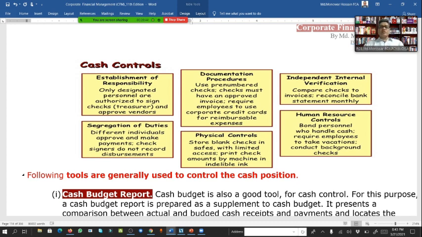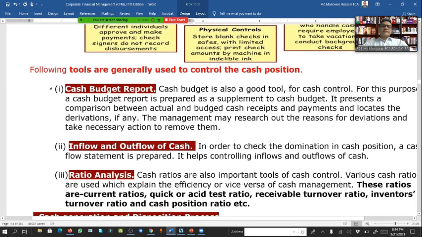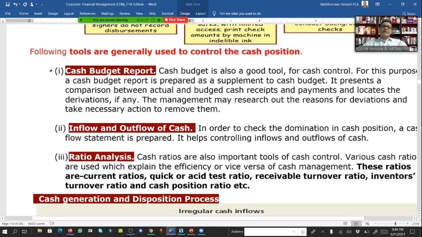So this is also control, and segregation of duty should be written down, along with documentation of procedure, physical control, independent internal verification, and human resource control.